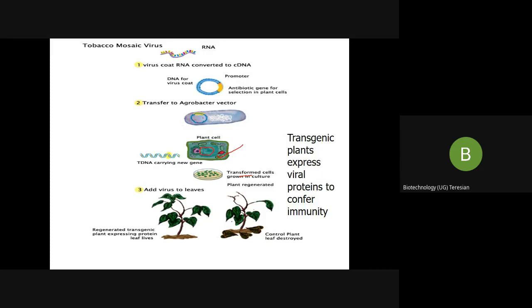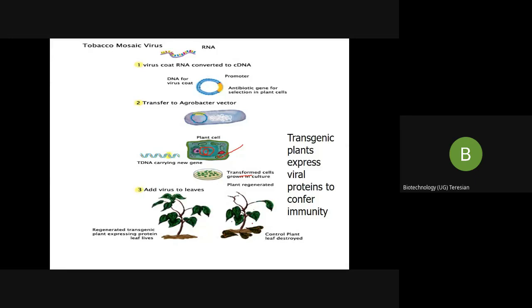Now, what is that agrobacterium carrying? It is carrying the coat protein of the tobacco mosaic virus. Now, all these are carrying the coat protein. Now, this is also acting like a vaccine. Now, when your TMV comes and infects, this plant is already ready to defend against it. It will fight against the virus and it will not be infected.